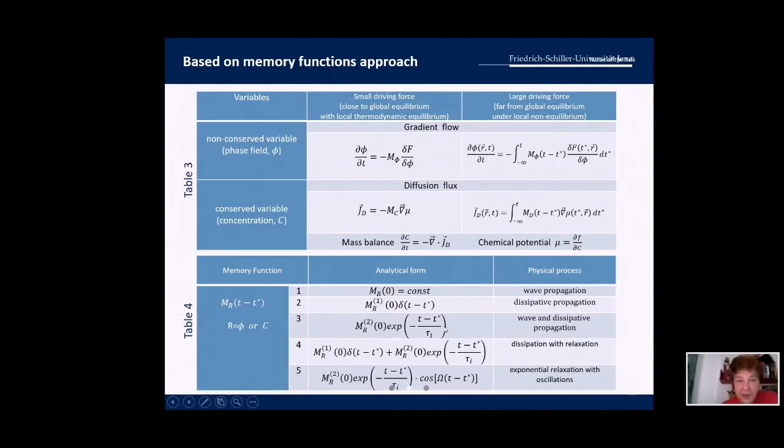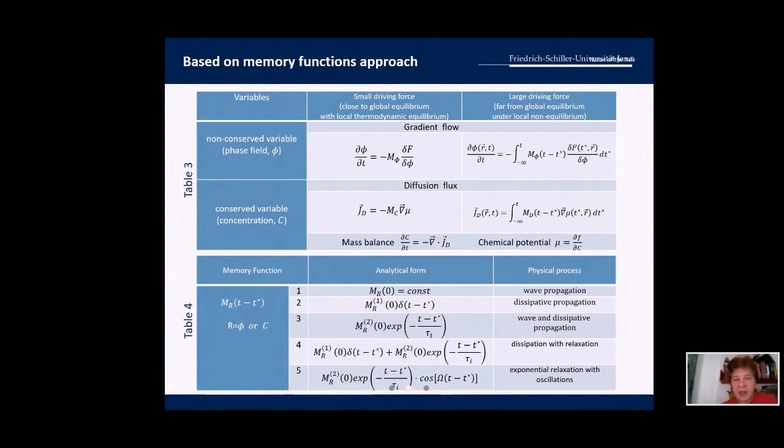If we have the so-called Maxwell-Cattaneo-Vernotte function, which shows that we have relaxation to the equilibrium in kinetic parameters by the exponent, then we get the so-called telegraph equation, which combines wave and dissipative propagation, and this is a so-called hyperbolic type of equation.